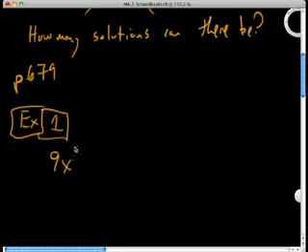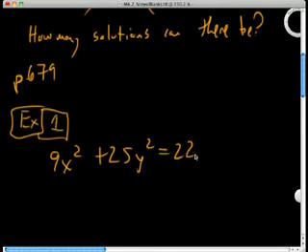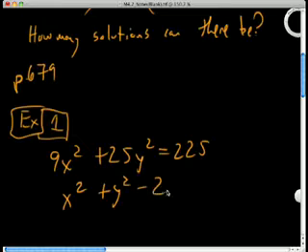So 9x squared plus 25y squared equals 225 is our first equation. And my next one is x squared plus y squared minus 2x equals 15. So what I've got here is, once again, two equations, two unknowns technically. But sometimes the x squared and the x terms will be deceptive and throw us off.